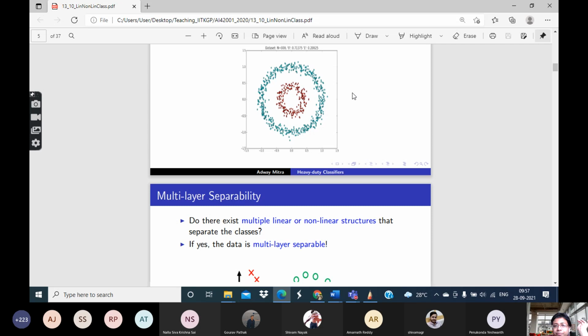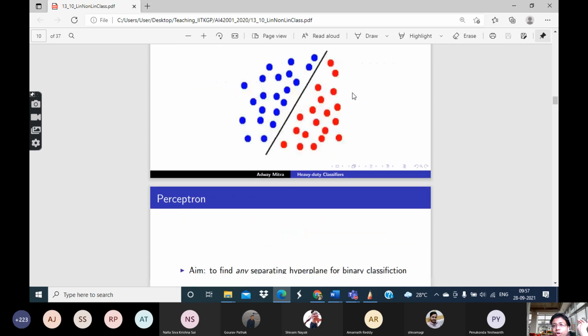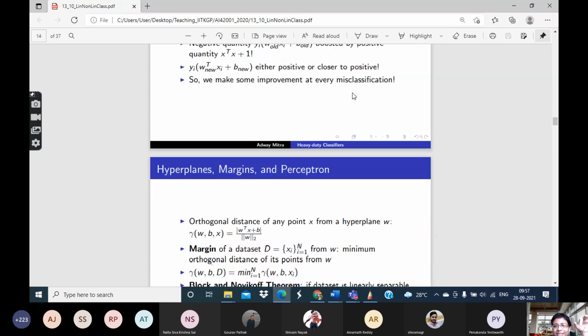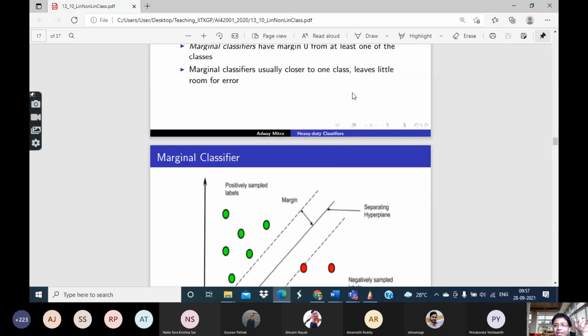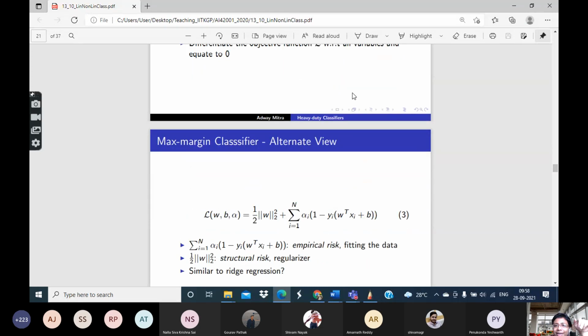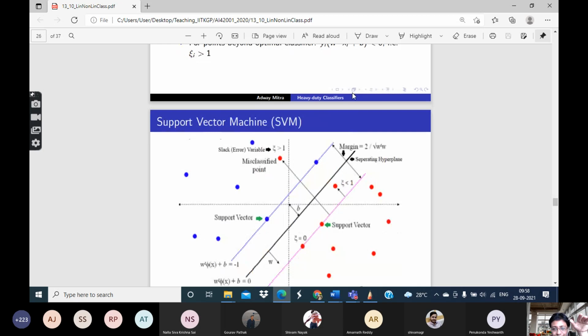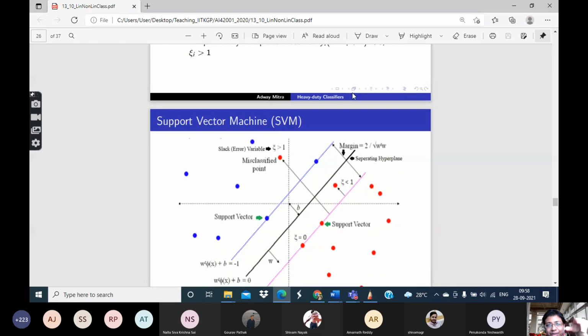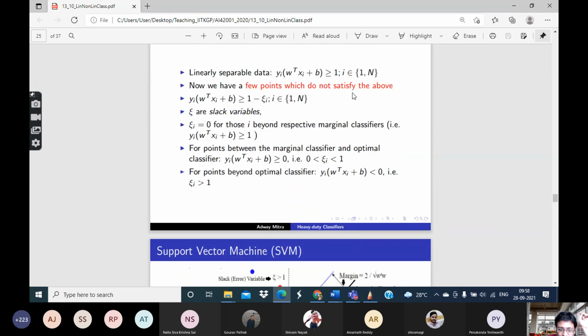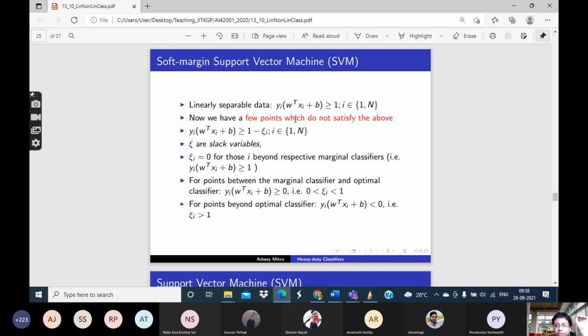So instead, what we have to do is change the constraint inequalities in such a way that they can take the outliers into account and say something about the outliers. For that purpose, we introduce what are known as slack variables. This is the original constraint that we had, right?